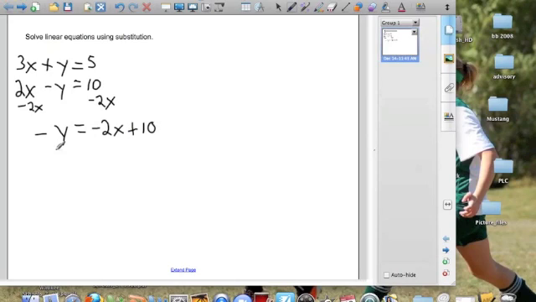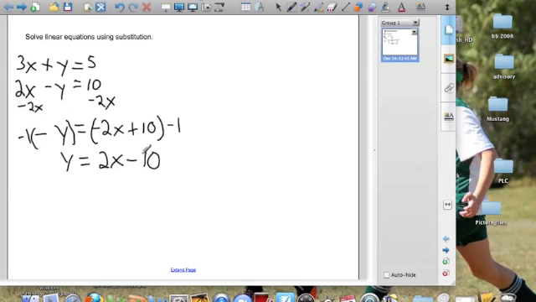Now, to get rid of this negative y, I'm going to multiply both sides by a negative 1. And we end up with y is equal to 2x minus 10. So this is what I'm going to substitute in for y.